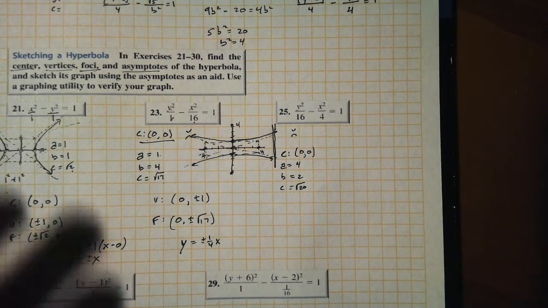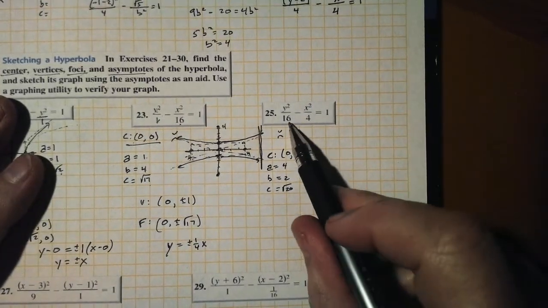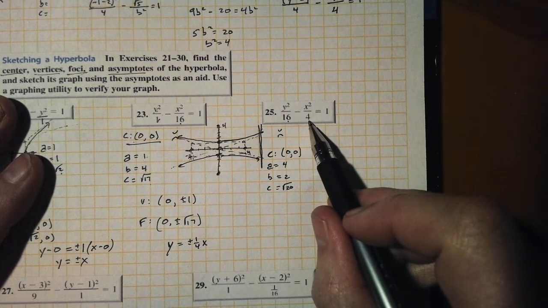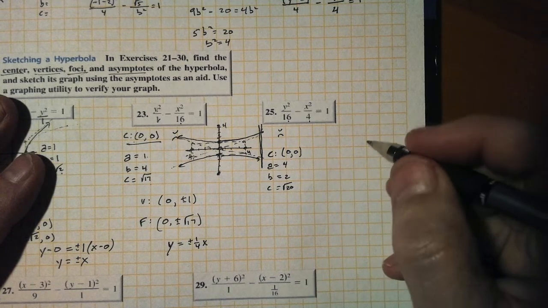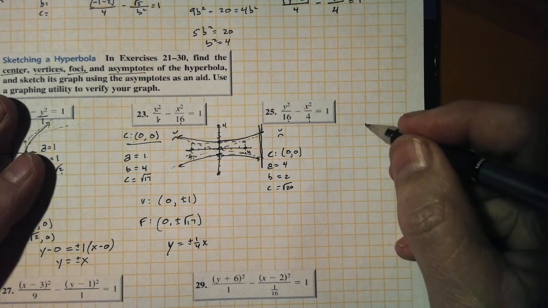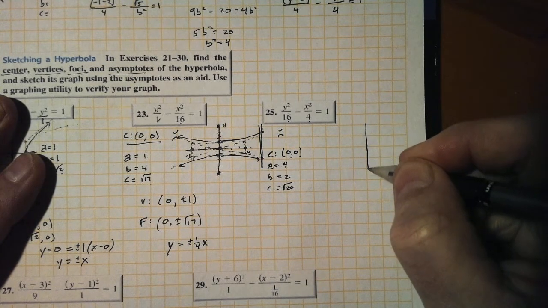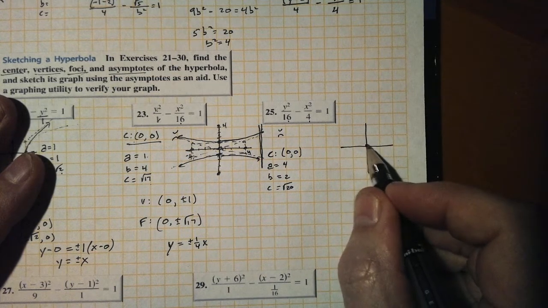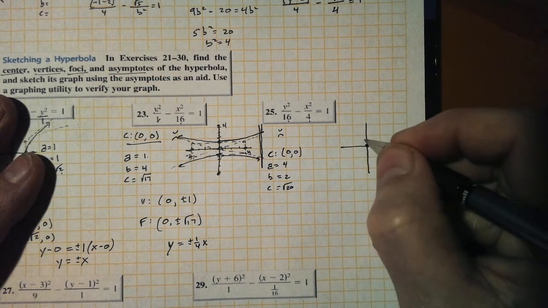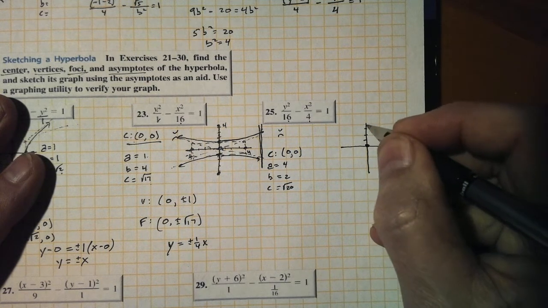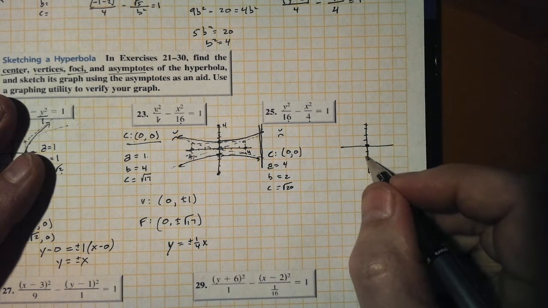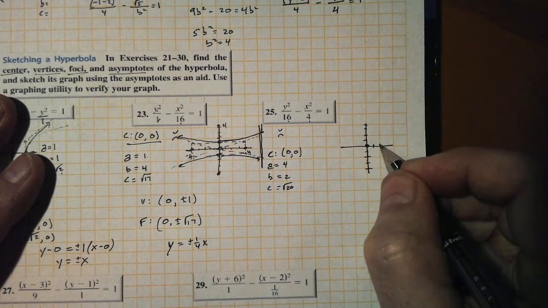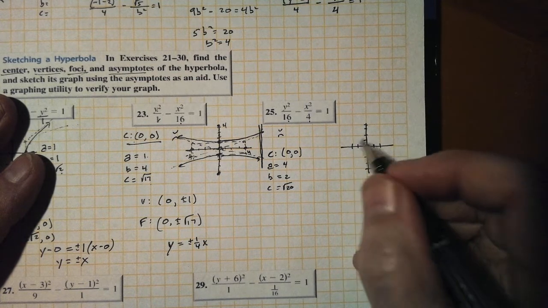You'll see why. Okay, so I need room to go up 4, down 4, right 2, left 2, centered at 0, 0. If I call this 1, 2, 3, 4, I've got it. 1, 2.